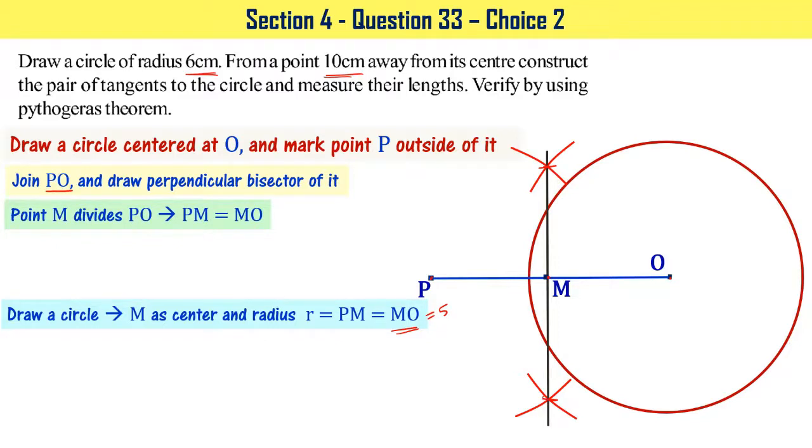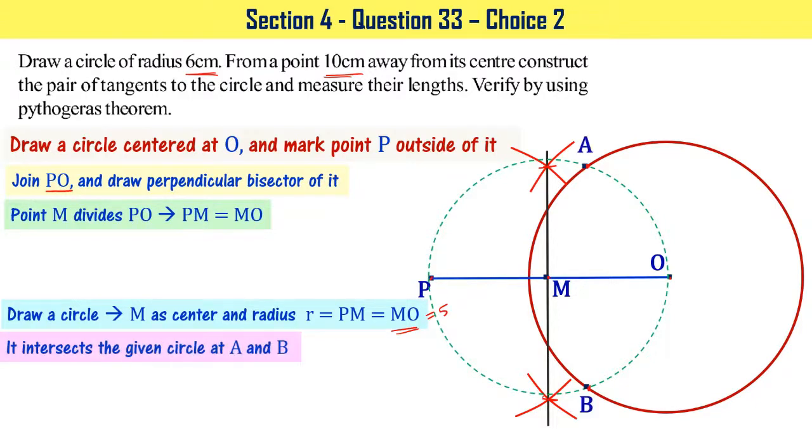Let's draw that circle. Now as you see here, this particular circle has intersected with the original circle at 2 points, right? This is 1 point, this is another point. Let's name those points. Those points are now called A and B. Let me draw line AP and line PB.